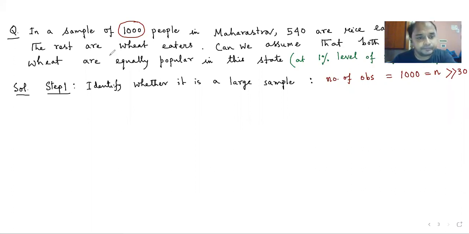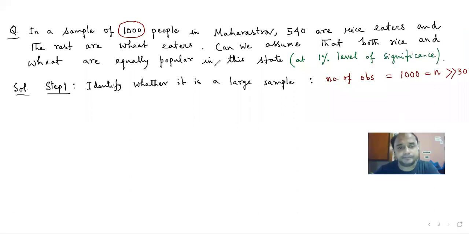Now, it is given that in this particular sample, it has been found that 540 are rice eating people, and the rest are wheat eating people. Okay, and we are going to test whether both rice and wheat are equally popular in the state or not. Now, here comes our step number 2. In step number 2, we will set our null hypothesis.